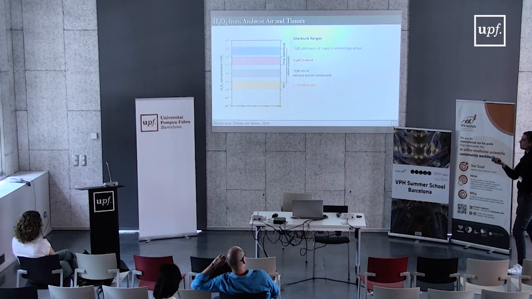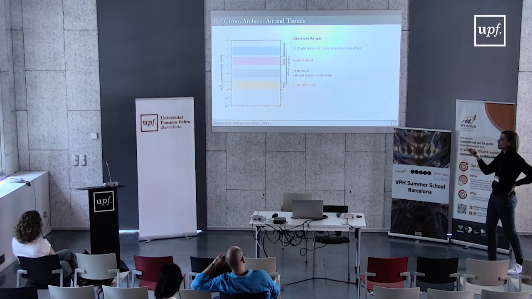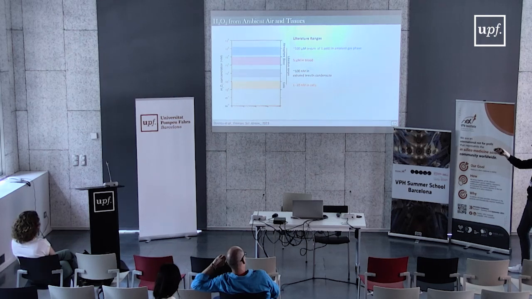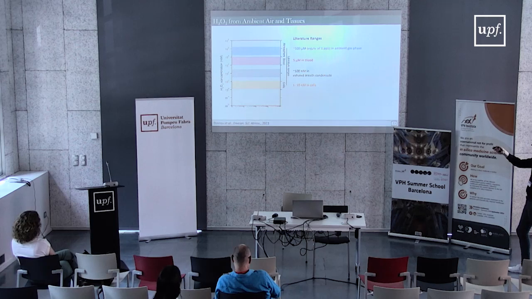And then in the atmosphere, if you have just a water droplet in the air, there is so much H2O2 in the ambient gas phase that dissolves into this water droplet that you have a concentration of 100 micromolar, right? So all of a sudden, we're talking about a difference of 4 or 5 orders of magnitude between what is in the atmosphere just as a gas and what is in your cells.